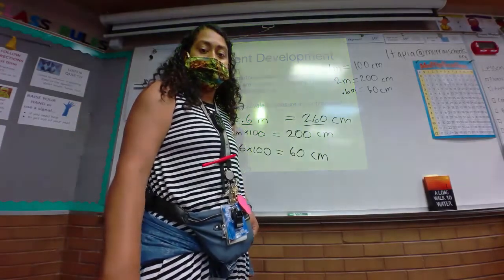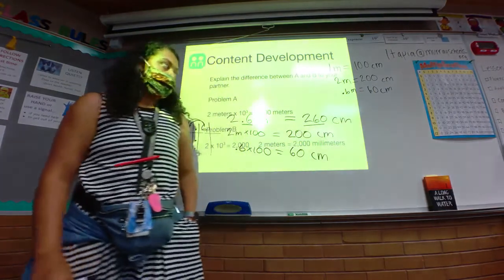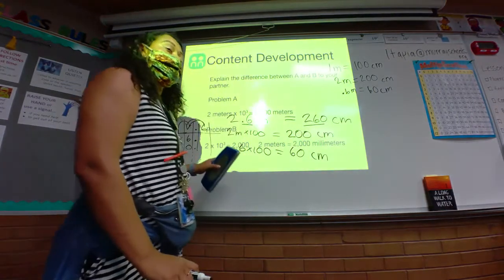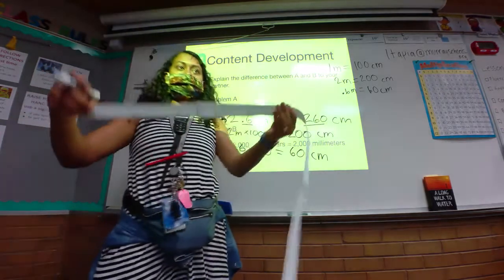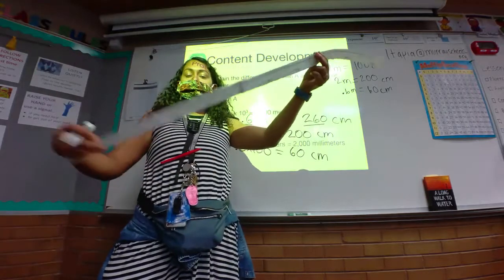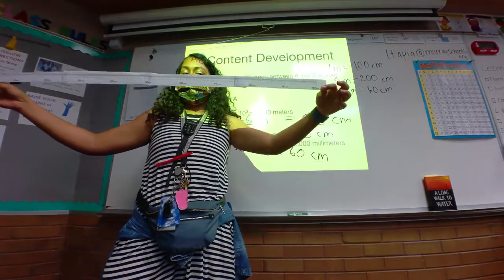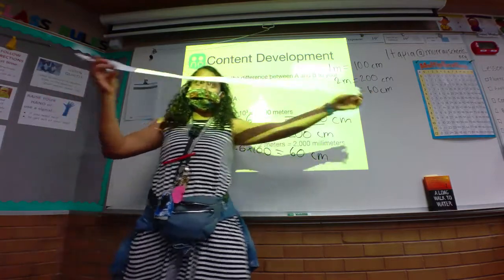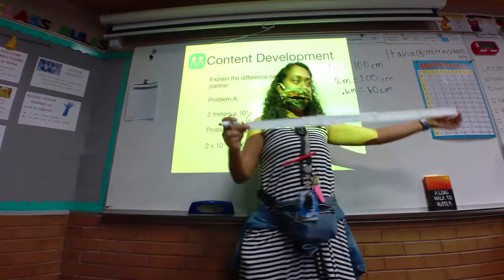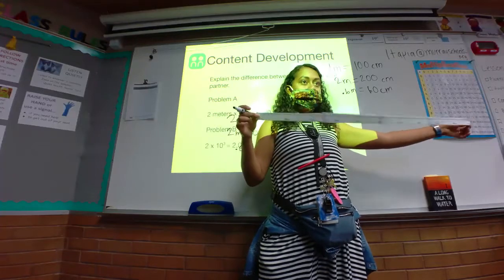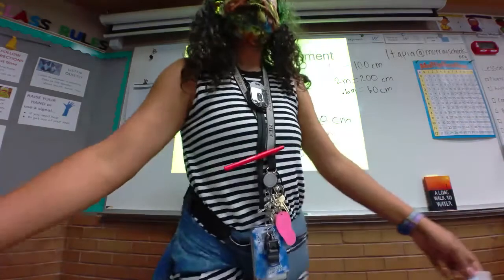Okay. Did anybody else solve it any other way? Did you solve it looking at your meter strip? I saw Eliana and Dylan were putting both of their meter strips together, right? So if they have 2 meter strips together, 1 meter strip has 100 centimeters. Together with another meter strip has another 100 centimeters. So that would give us 200.